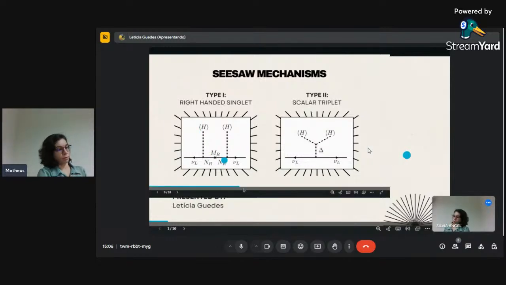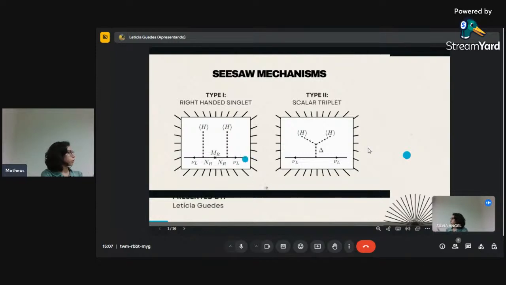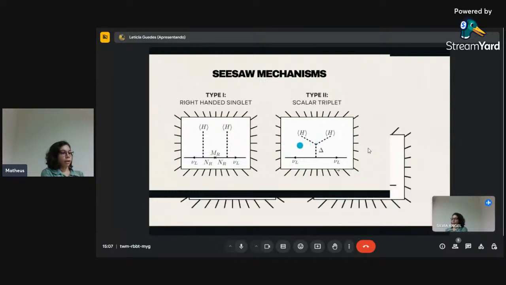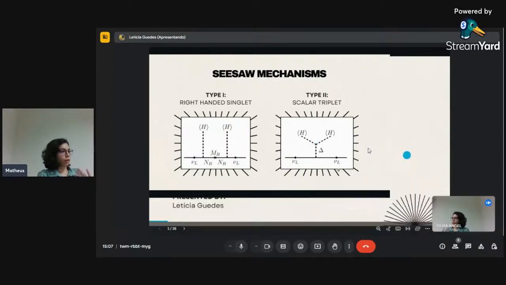This means that in the interactions of the left-handed neutrino, there will be a sterile neutrino that will interact, and later you can have another flavor of left-handed neutrino.